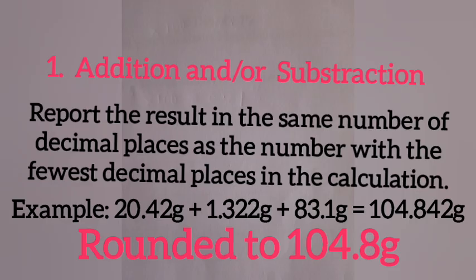So what we will do is drop the two uncertain digits and retain only one uncertain digit. By this, we can round off the result, which has three decimal places, to be reported in one decimal place.